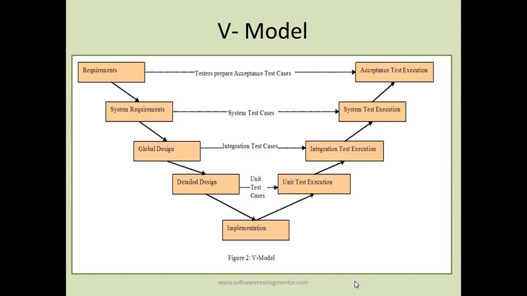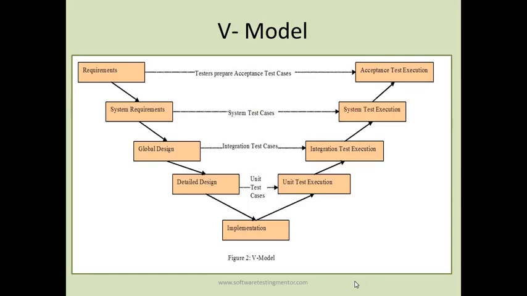So the V-model overcomes all those issues that were present in the waterfall development model. In the V-model, if there is any issue with the requirements itself, if a requirement is not valid or is not captured properly, testers will point that out well in advance.